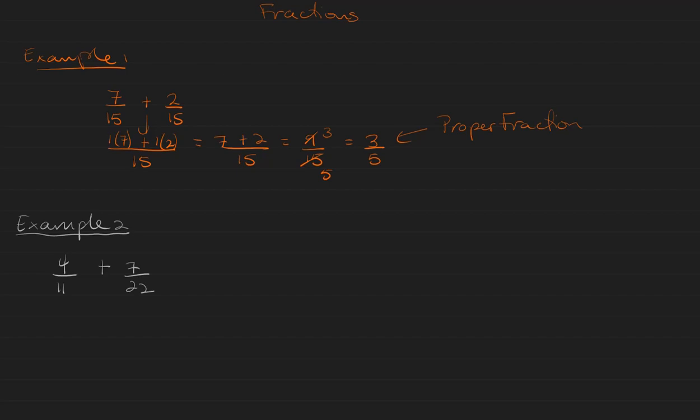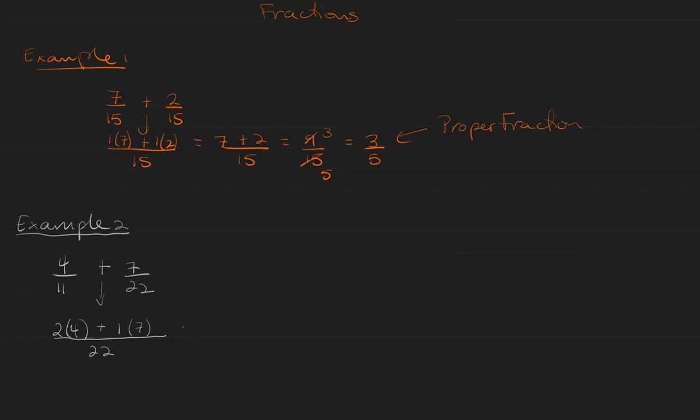The LCM on this one will be 22. So we take 22, the LCM 22, and you divide it by the denominator of the first fraction, we get 2. Open bracket, we multiply by the numerator, which is 4. We bring down the operator, which is plus. We take 22 LCM and divide by 22 the denominator, we get 1, and then we multiply by 7.